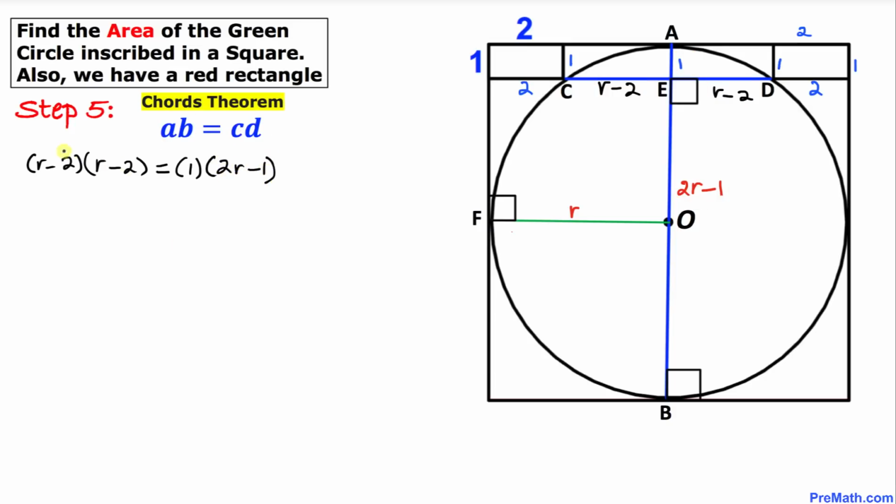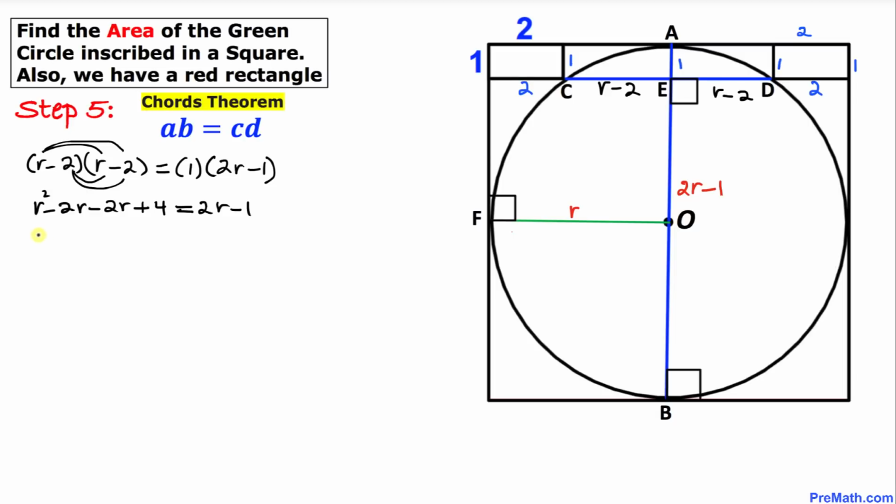Now let's go ahead and multiply these R minus 2 and R minus 2. We are going to use the FOIL method. That means a double distribution, that is going to give us R squared minus 2R minus 2R plus 4. And on the right hand side is going to be 2R minus 1.